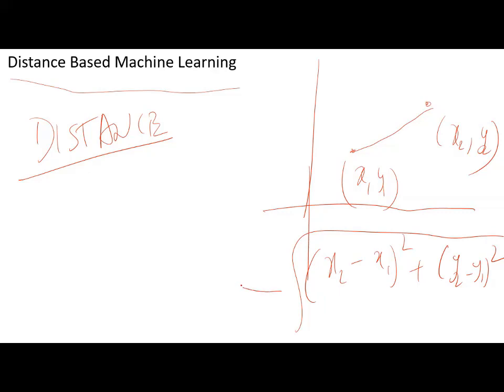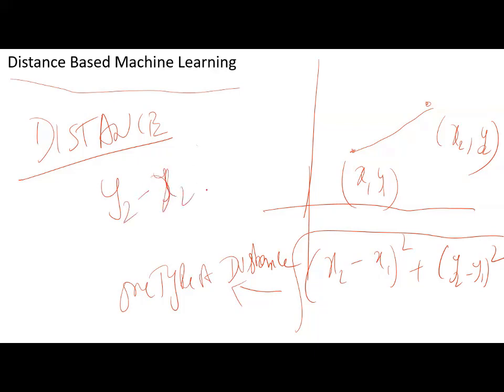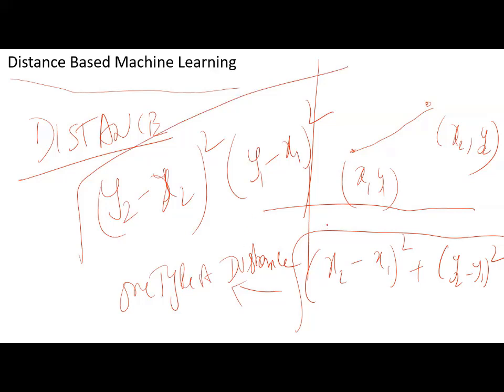So this is one type of distance. The other one is |y2 minus x2| and |y1 minus x1|. So this is another type of distance.